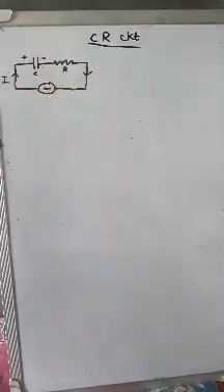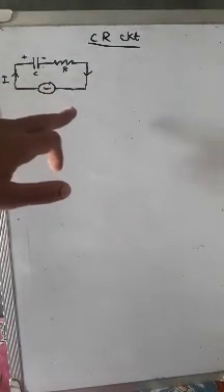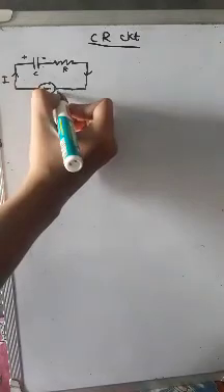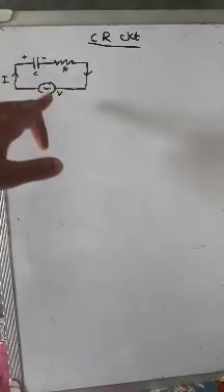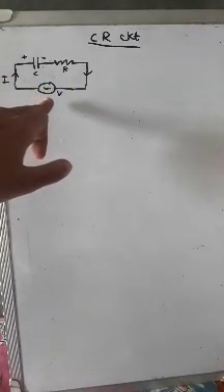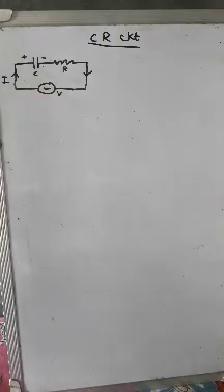So students, this is your circuit for the CR. This is the alternating voltage that is being applied to the circuit. You can see the symbol for the alternating voltage applied to the circuit.